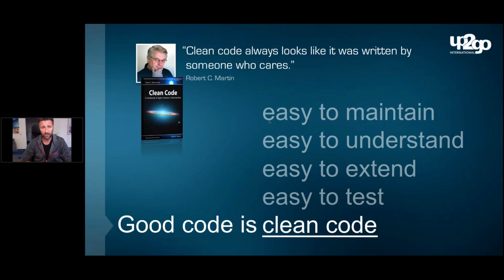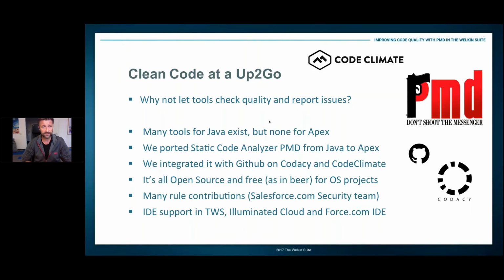So at Up2Go, all of this is really important, because we don't do projects and then leave the project, we do products. So our code lives for years and needs to be extended, and so we have all the things in place that are required, like testing and code reviews and pair programming.